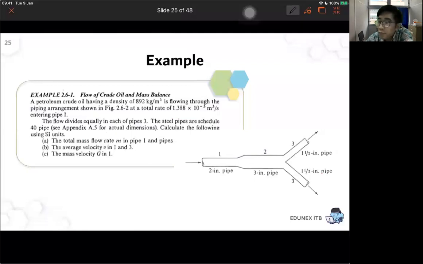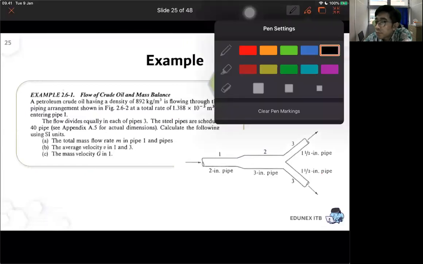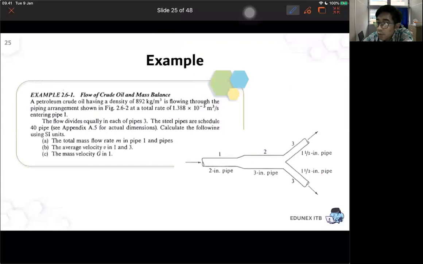So you have the oil, with the density of oil 892 kilograms per cubic meter, flowing to point 1, where the nominal diameter is 2 inch. This is not the inside diameter, but its nominal diameter.